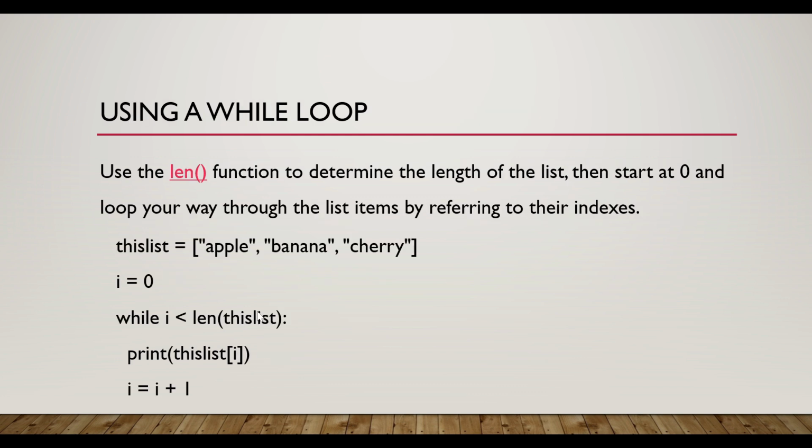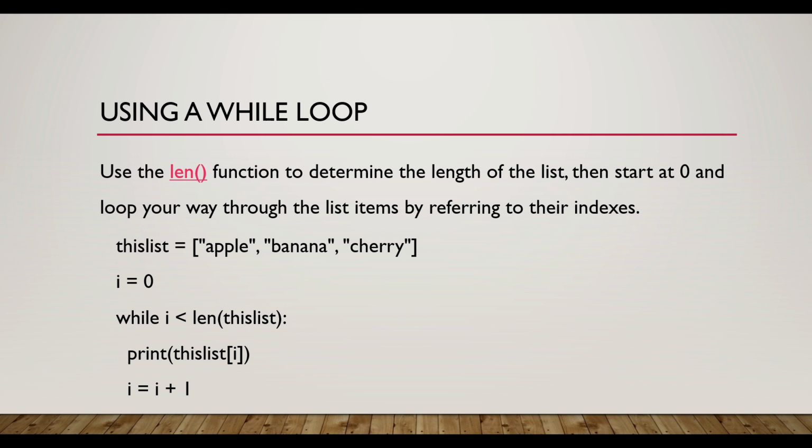Next, using a while loop. Use the len function to determine the length of the list, then start at 0 and loop your way through the list items by referring to their indexes. The list is apple, banana, and cherry. Here i is equal to 0, we are initializing.